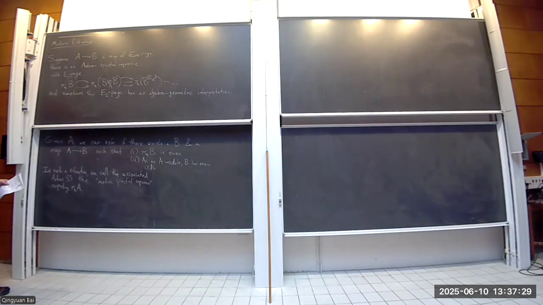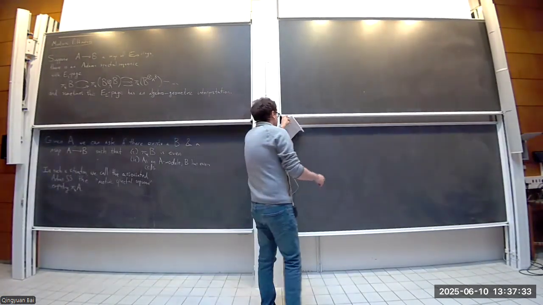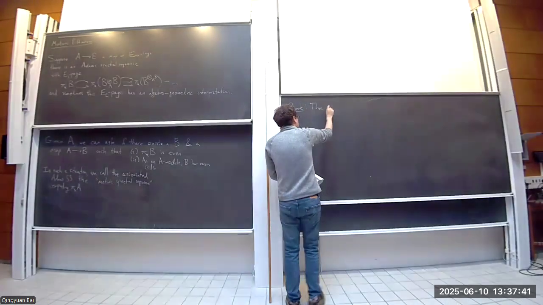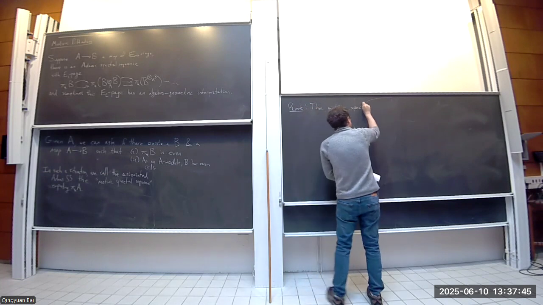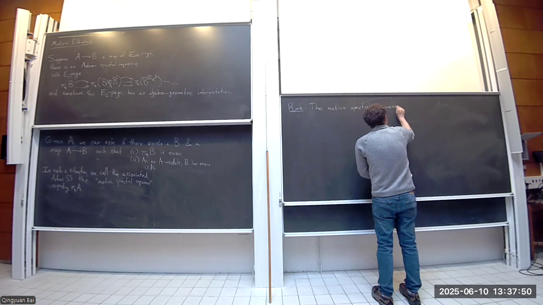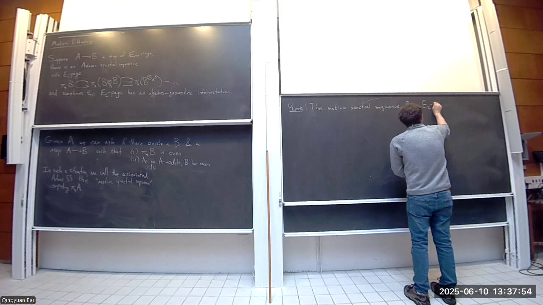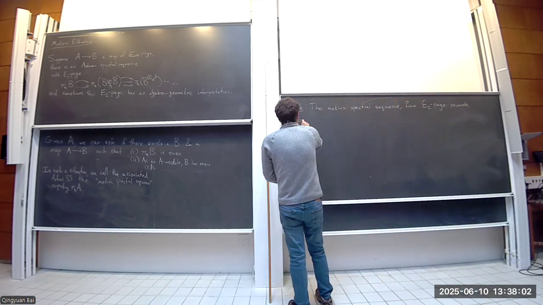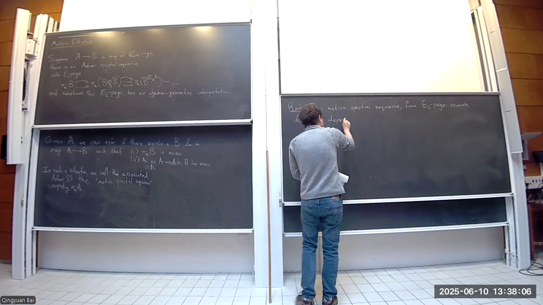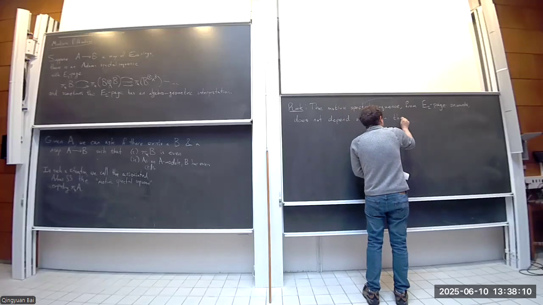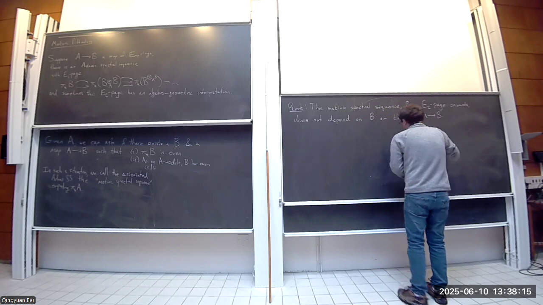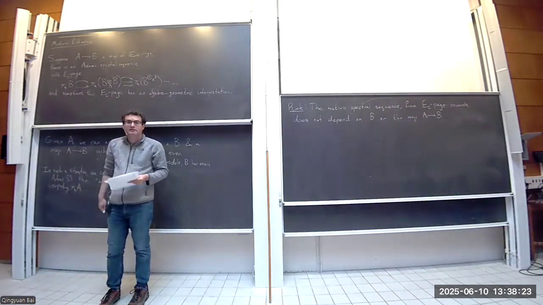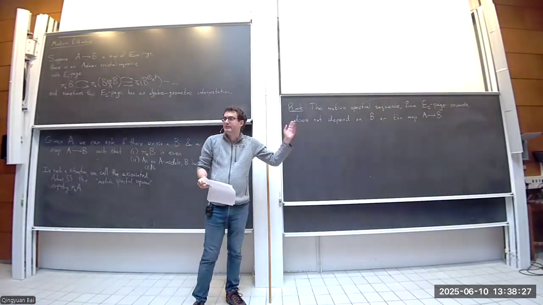And the remark is that the motivic spectral sequence from the E2 page onwards is not dependent on B or the map A to B. So in other words, as long as there exists some map of E-infinity rings such that this has even homotopy and even cells, we get a spectral sequence, and from the E2 page onwards, it didn't matter what B and what map we chose.